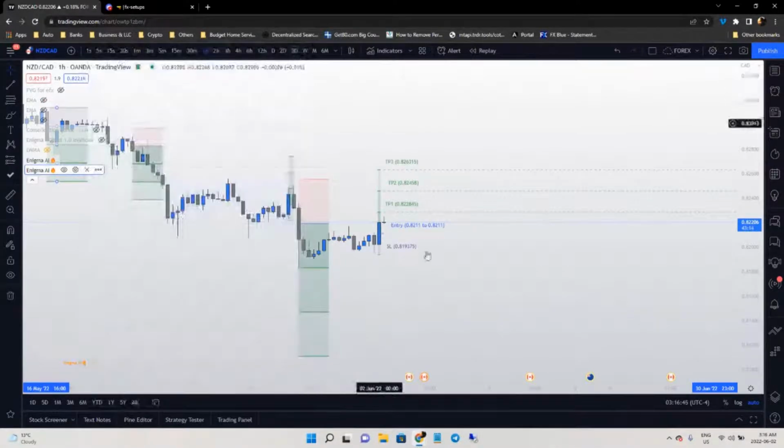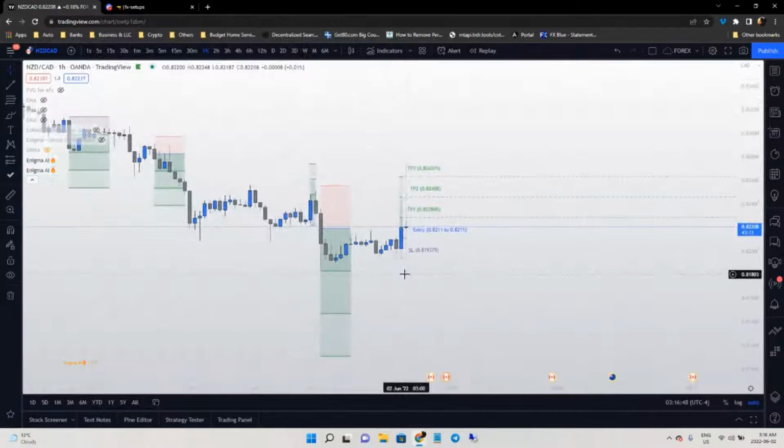Okay, so my thought here on this alert specifically is that we may go in that region. Why? Because there's an imbalance here in price. It went straight down here and then consolidated, and now it's doing a push up.